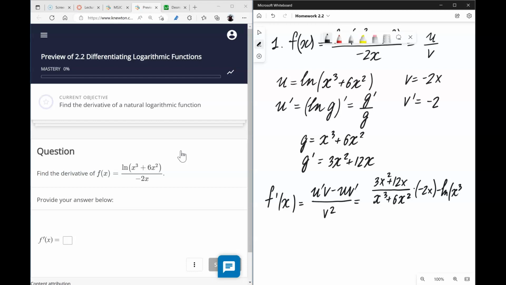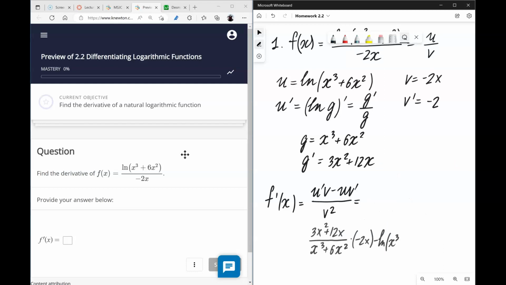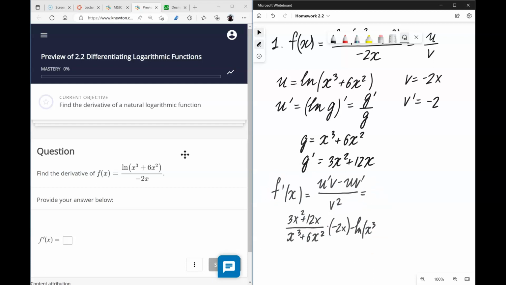Let me bring this whole thing down, because we're going to divide everything by v squared, which is negative 2x squared. We have ln of x cubed, so finishing writing this out, plus 6x squared times negative 2.